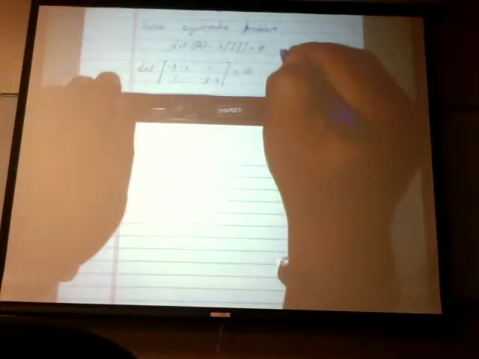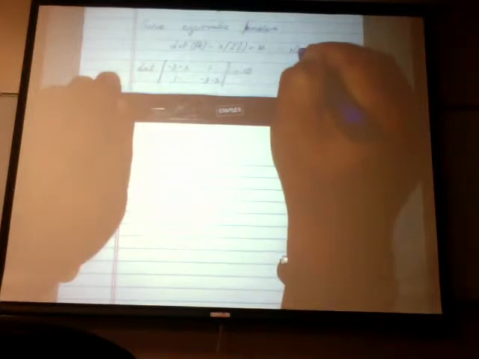Right? That's just A minus lambda I, lambda I being just right here, lambda 0, 0 lambda. So A minus that is minus 3 minus lambda, 1, 1, minus 3 minus lambda.